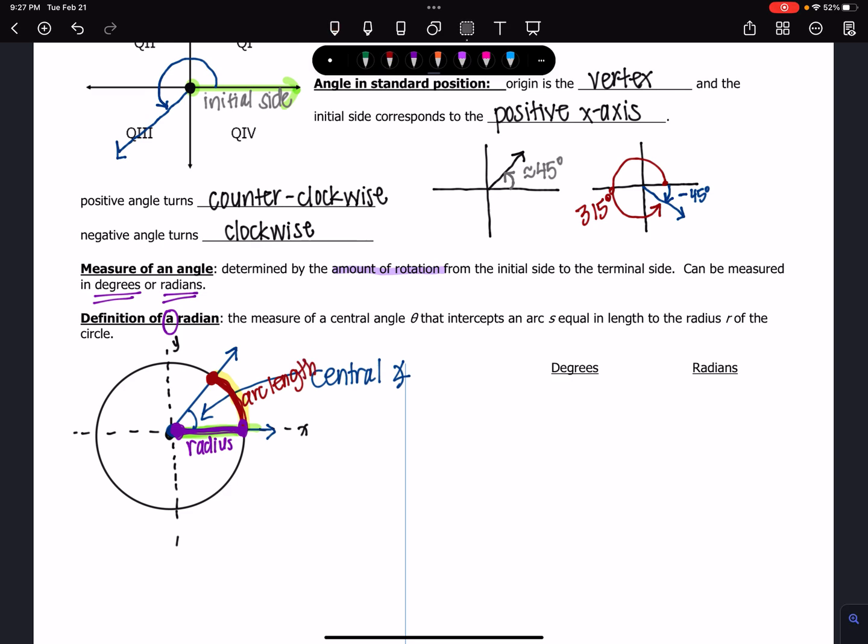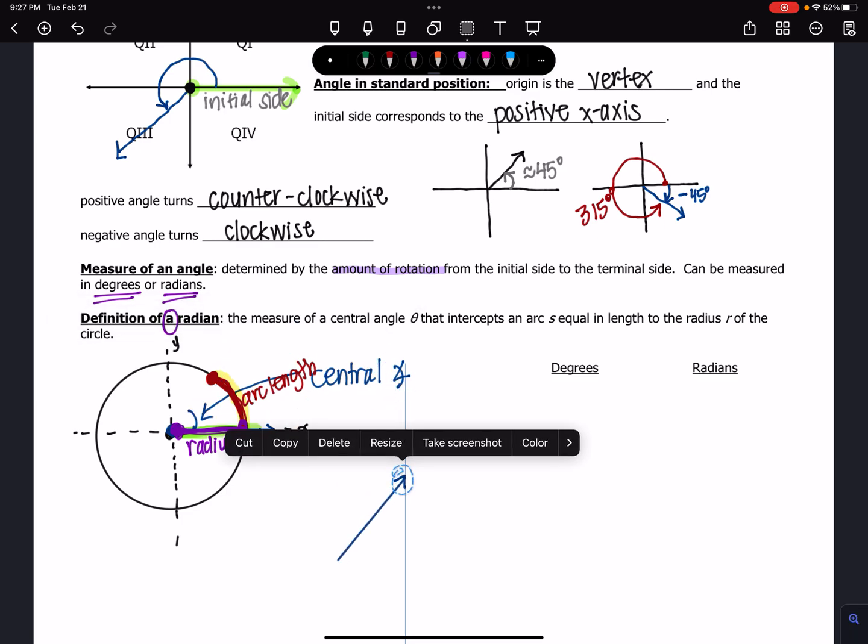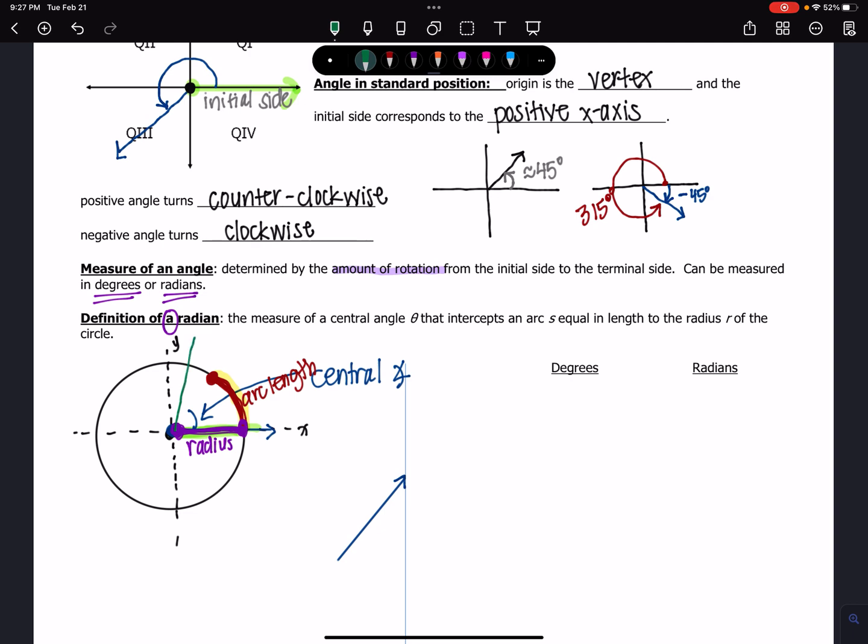Now, if I were to move this angle over here, the purple part does not change, but the red part would. And if the red part is bigger than the purple part, so if that arc is longer now than the radius, I have more than 1 radian.